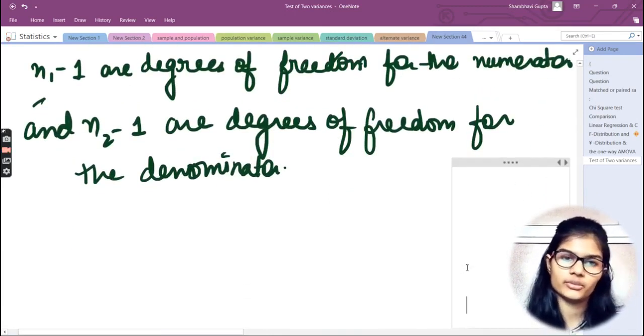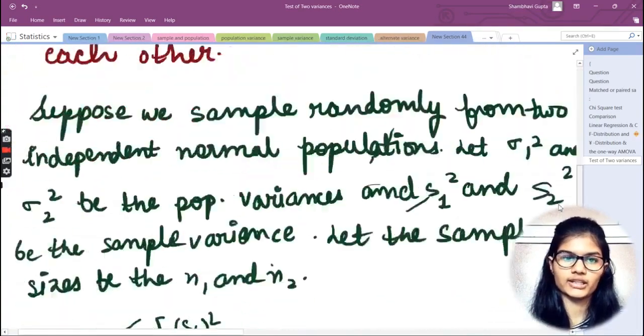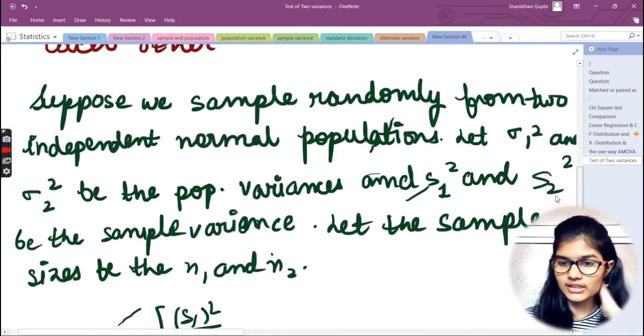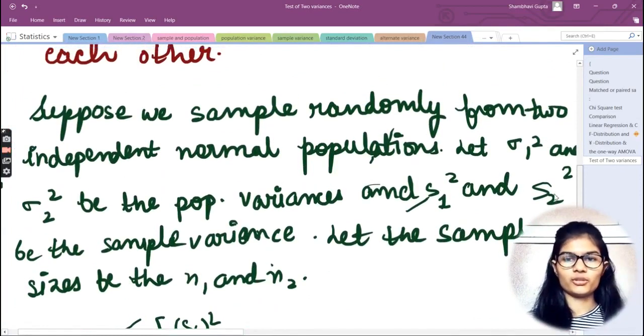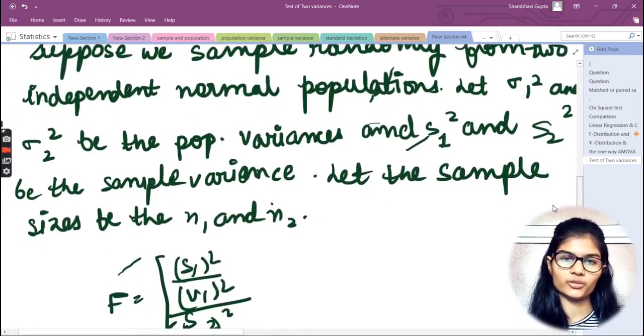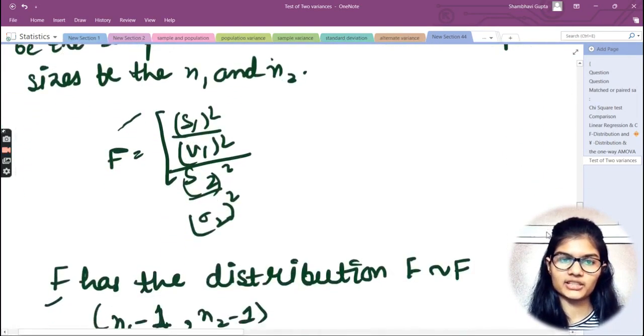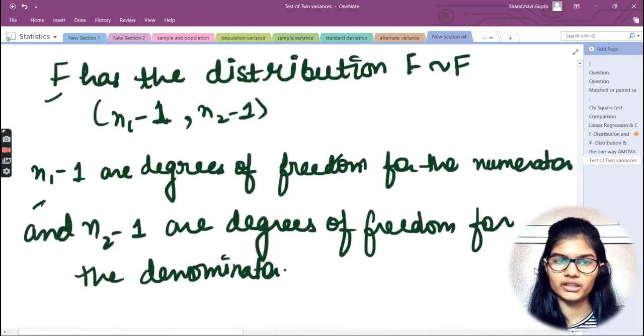Hope I am clear with all of those things. Let me give you an idea again. Suppose we sample randomly from two independent normal populations. Let sigma 1 square and sigma 2 square be the population variances, S1 square and S2 square be the sample variances, and the sample sizes be n1 and n2. So F is equal to S1 square upon sigma 1 square upon S2 square upon sigma 2 square.